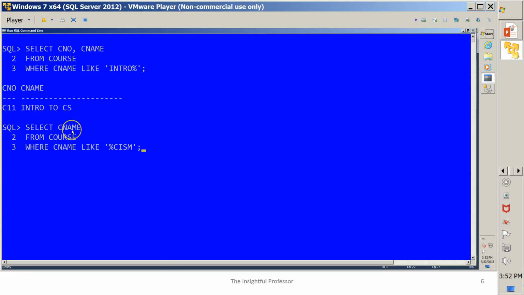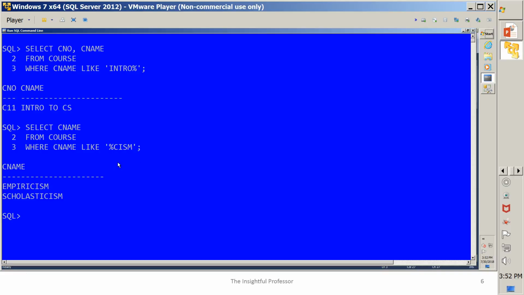In this query, I'm going to select the course name from the course table, where the name looks like %CISM. That is, I don't know what it starts with, but it ends precisely with CISM. Fire it up and see what we get. We get empiricism and we get scholasticism. Both of these names end precisely with CISM.